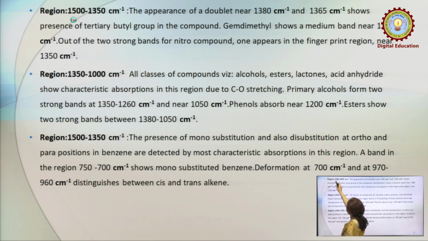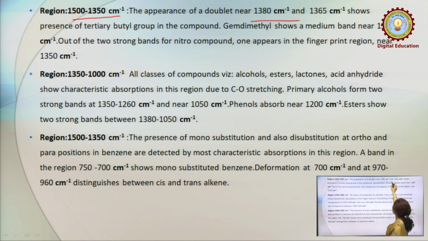Region 1500 to 1350 cm⁻¹. The appearance of a doublet near 1380 cm⁻¹ and 1365 cm⁻¹ shows the presence of a tertiary butyl group in the compound. Gem dimethyl shows a medium band.